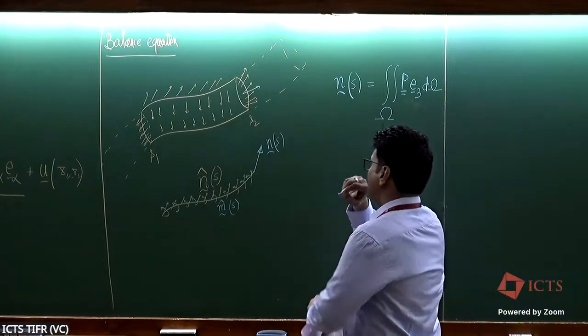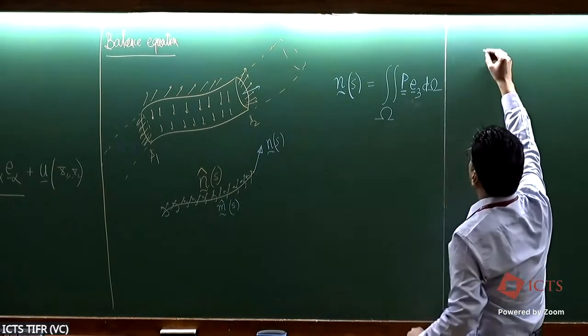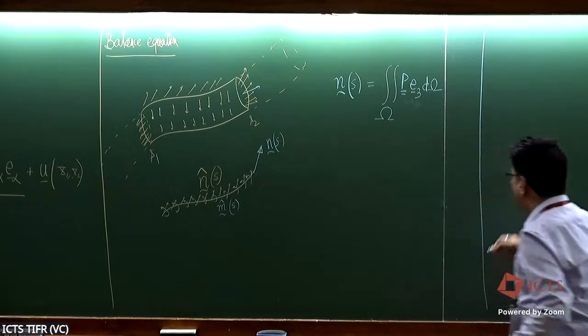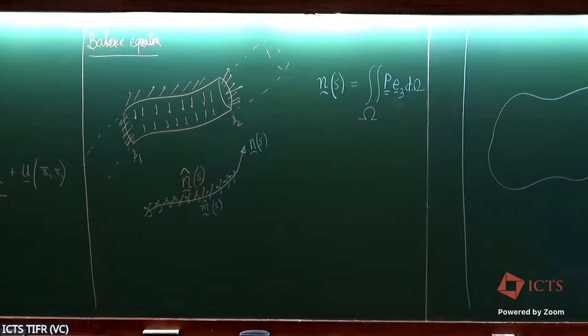Okay, let me see how I can do that. So you have to really go back to the 3D continuum picture. Supposing this is your reference body, which gets deformed in this way.